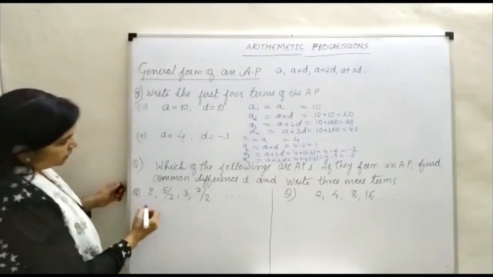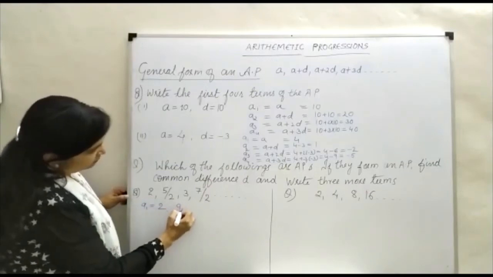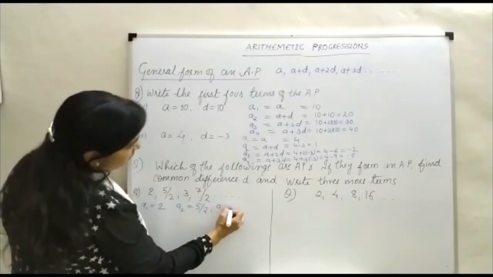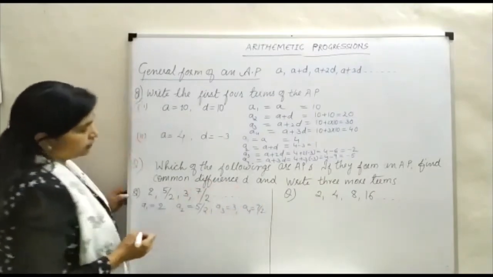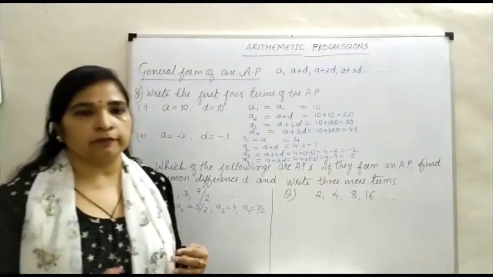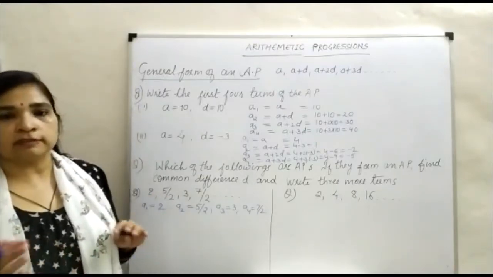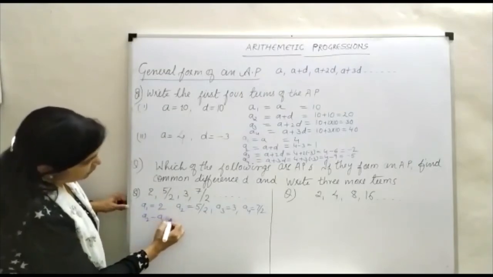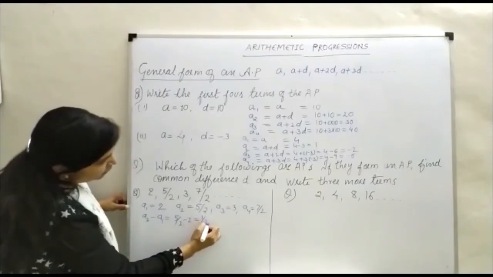Let us see this one. Here A1 is 2, A2 is 5 upon 2, A3 is 3 and A4 is 7 upon 2. Whenever you are provided with a sequence, what you have to do is find out the common difference. If you see that the common difference is the same, that means the given sequence is in AP. You can see here A2 minus A1 will give you 5 upon 2 minus 2, that is 1 by 2.